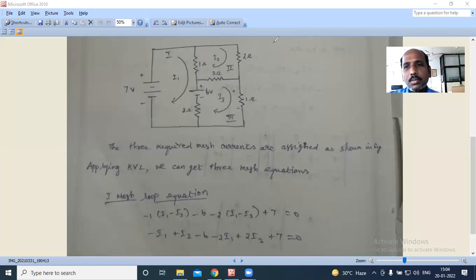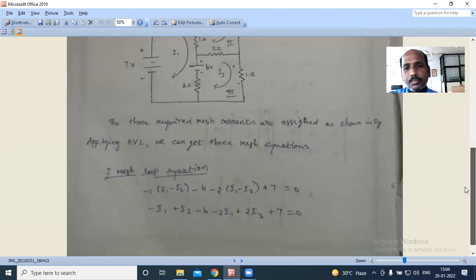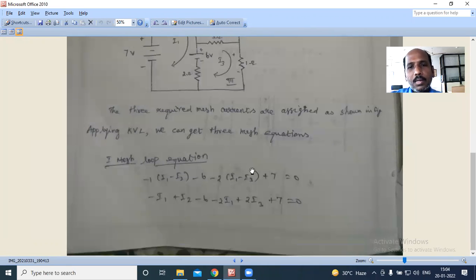To solve the equation mathematically, first you write the equation, then you multiply -1 into I1, then -1 into I2. So -I1 plus I2, -6, -2 into I1 is -2 I1, -2 into -I3 is +2 I3, +7 equal to 0.